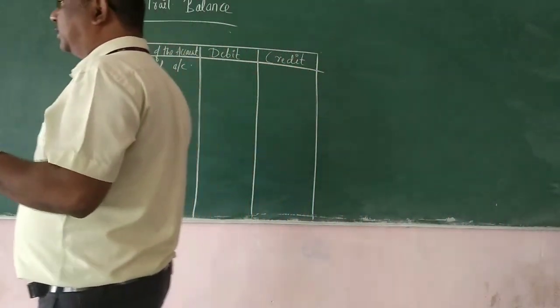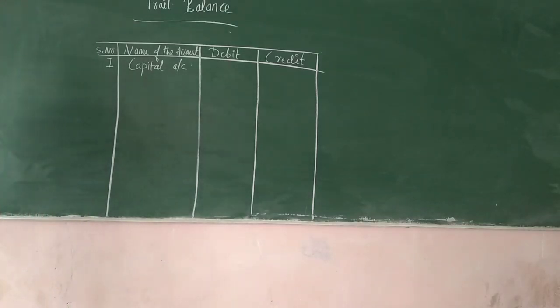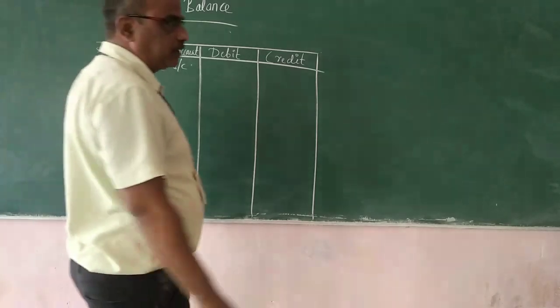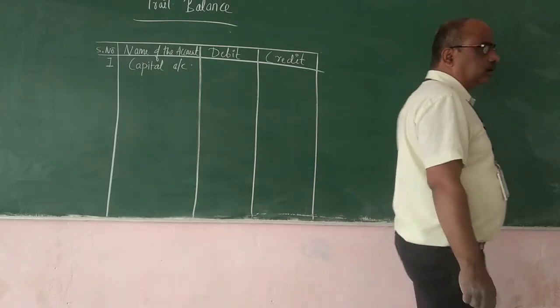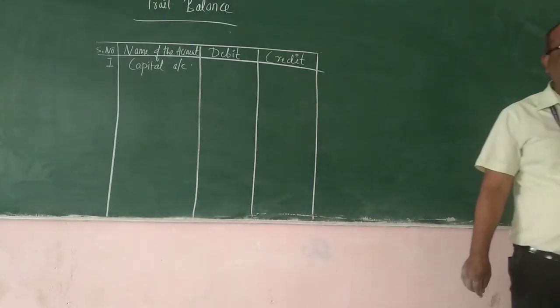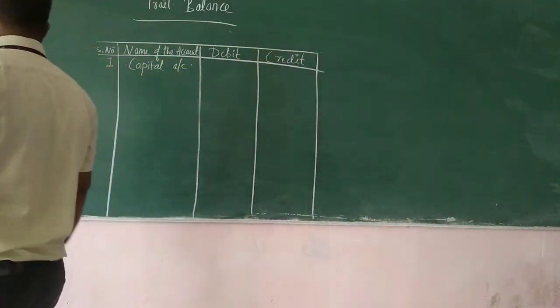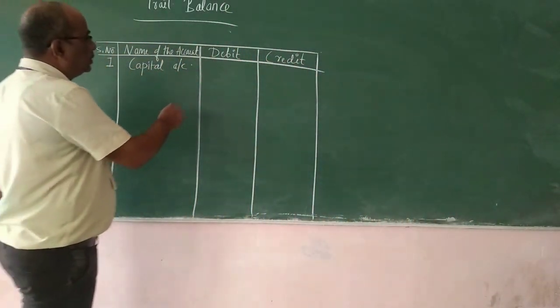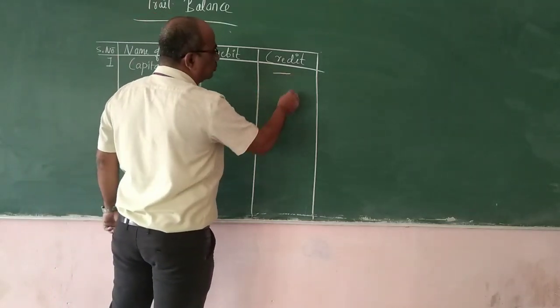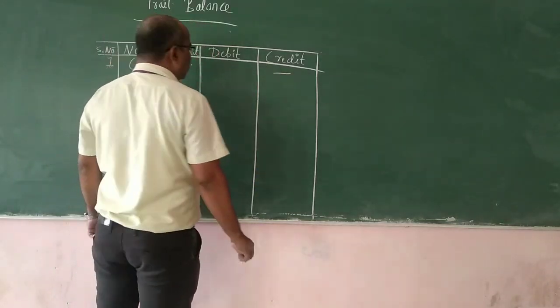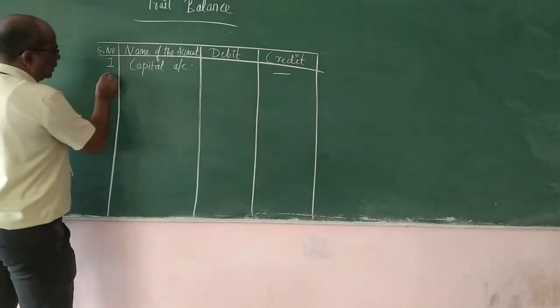Capital, liabilities and outstanding expenses will be credited to the trial balance, and expenses, losses and assets will be debited. Capital will always be credited to the trial balance.